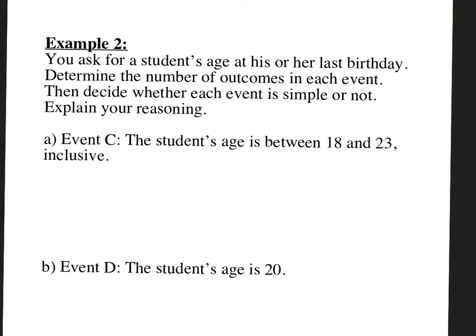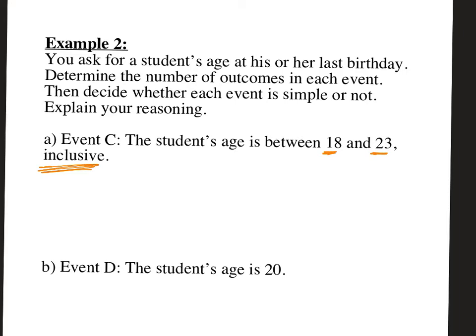All right, you ask for a student's age at his or her last birthday. Determine the number of outcomes in each event, then decide whether each event is simple or not. Explain your reasoning. Okay. The student's age is between 18 and 23. Inclusive means that I will include 18 and 23.